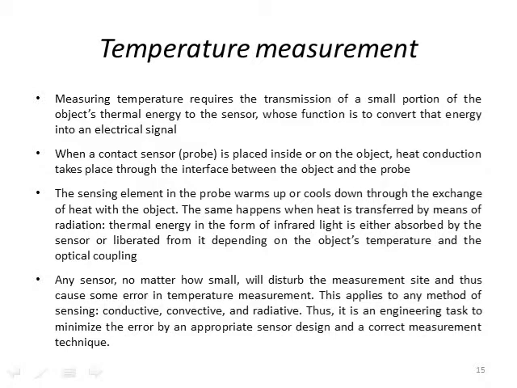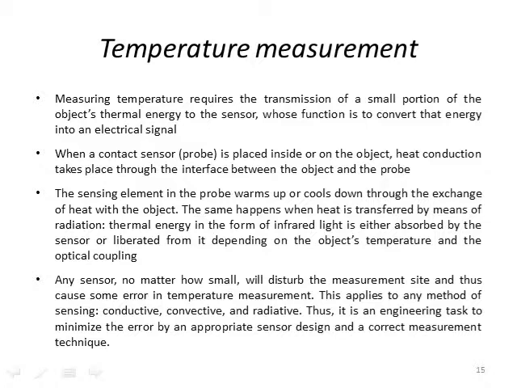Now, when we measure temperatures, you can read over some of these general rules, but essentially, when we make a measurement, we're going to be measuring the transmission of a small portion of an object's thermal energy to the sensor, and then convert that energy into an electrical signal.